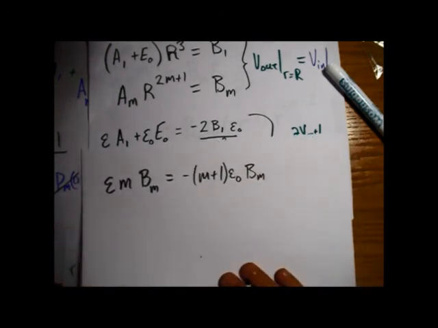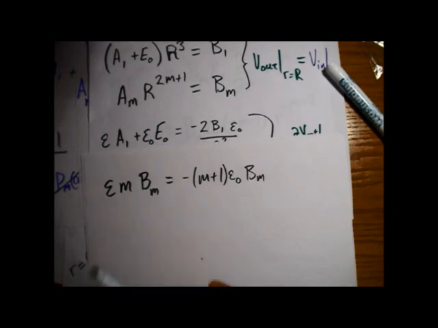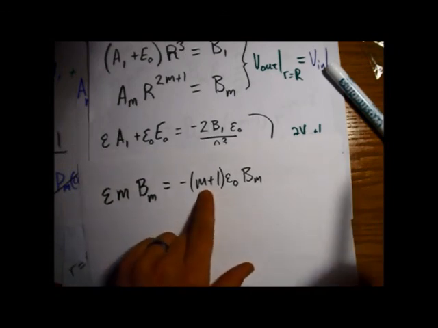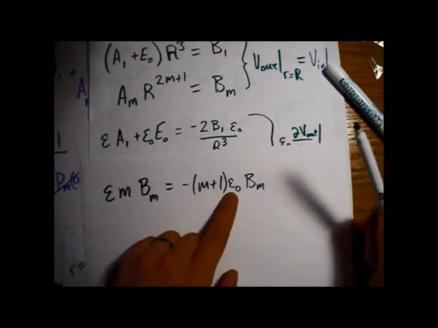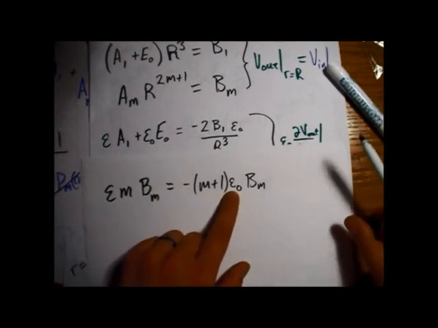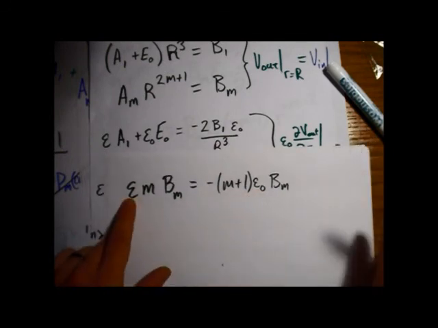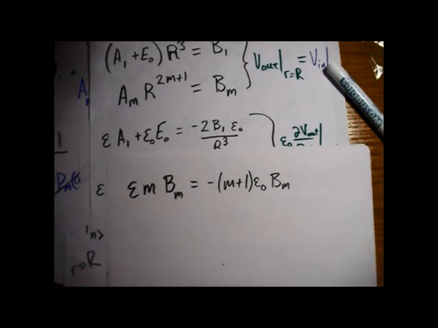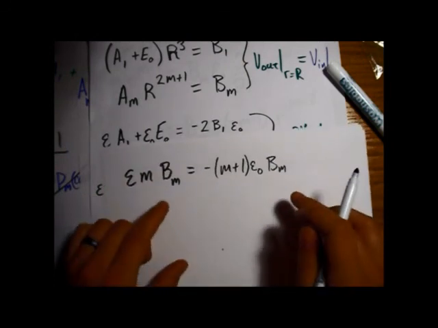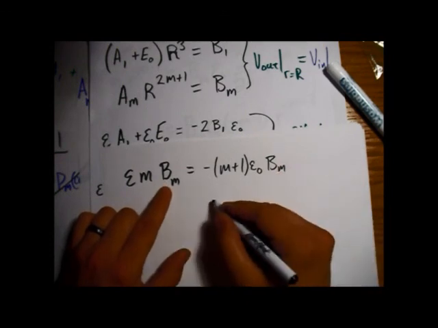Okay, so we have a b sub m on each side, and the thing of it is unless this m plus 1 multiplied by epsilon naught equals minus epsilon m over here, which in general it doesn't, then b sub m has to equal 0.